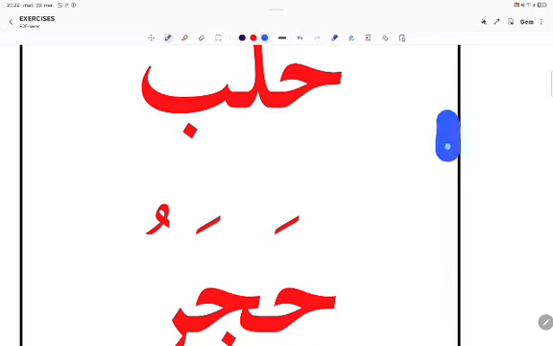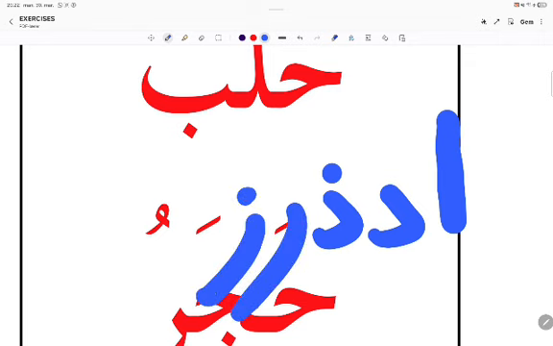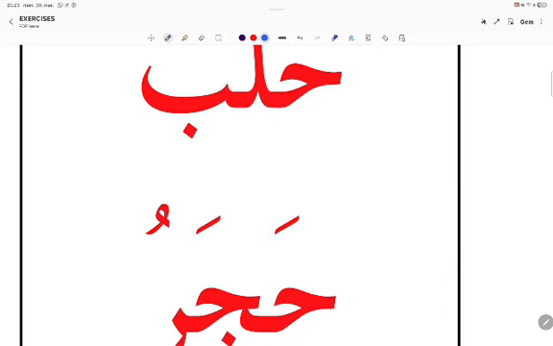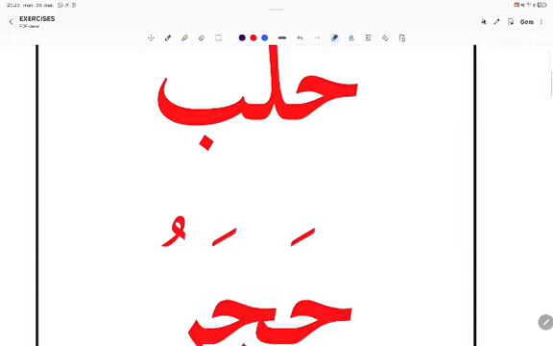Which letters are they? Alif, dal, dhal, ra, zai, and waw. These 6 letters will not be connected from the left. It's very important to remember, and we will say it every time, inshallah, we come to these letters. So this is another letter, it's lam. Lam, fatha, la. And in the end we have ba, fatha, ba.